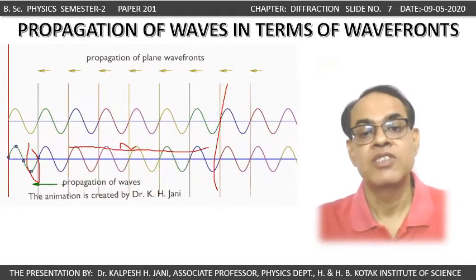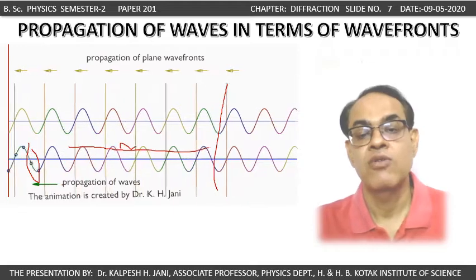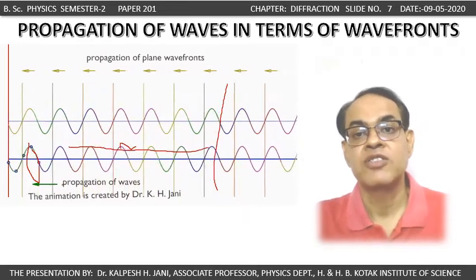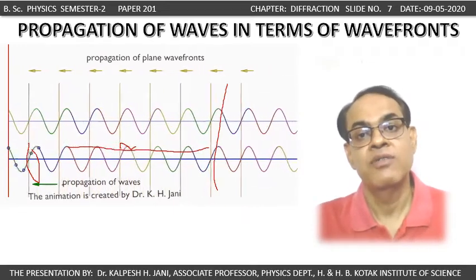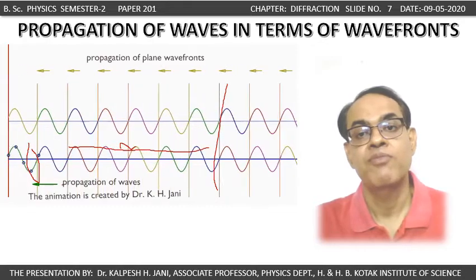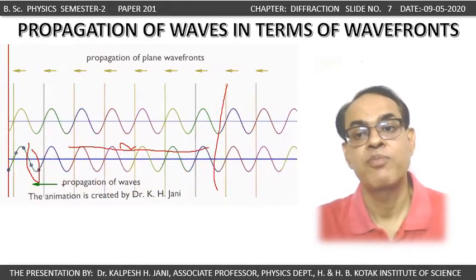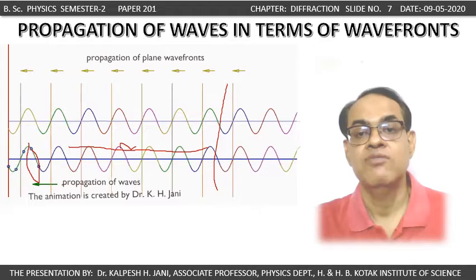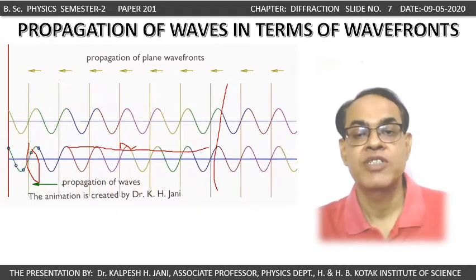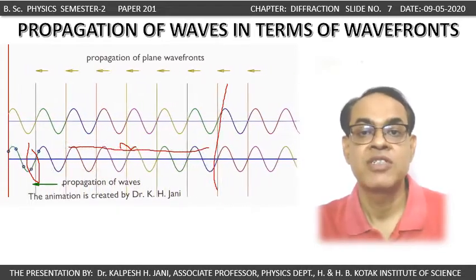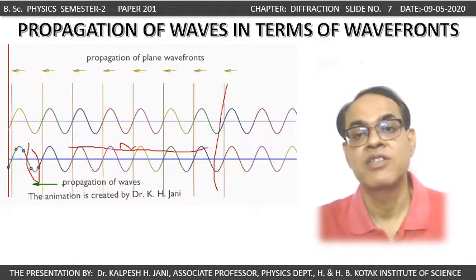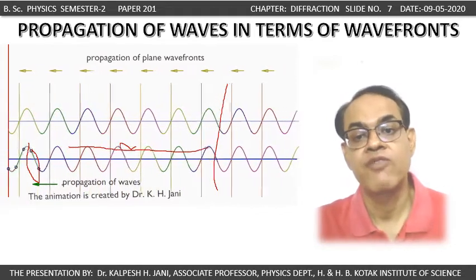Now if this set of all points constructs a surface which is of the nature of a plane surface, then they are called plane wavefronts. If this set of points constructs a surface which may be spherical in nature, then they are called spherical wavefronts.